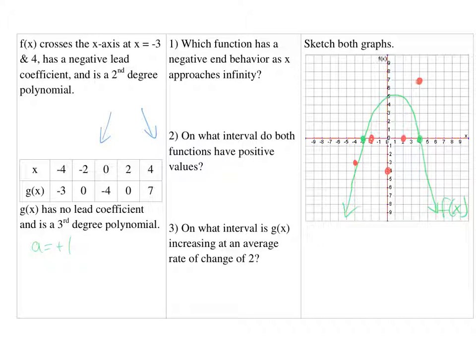There's a positive 1 hiding out there. And if it's a third degree, wouldn't a third degree with a positive 1 look like this on each side? A third degree with a positive a value will go up here and down on the other side. So this is what we're going to try to graph through these red dots.